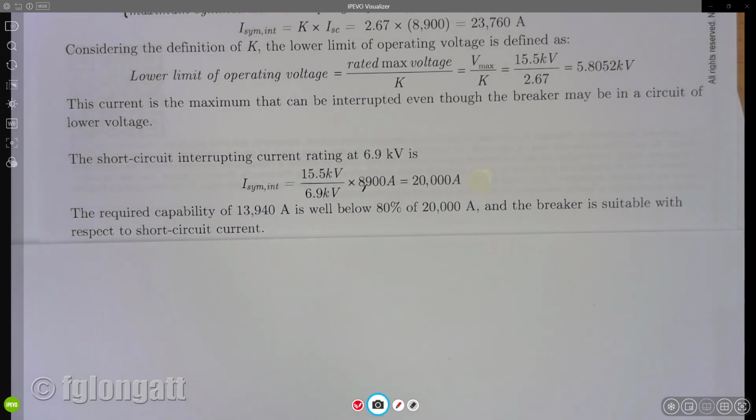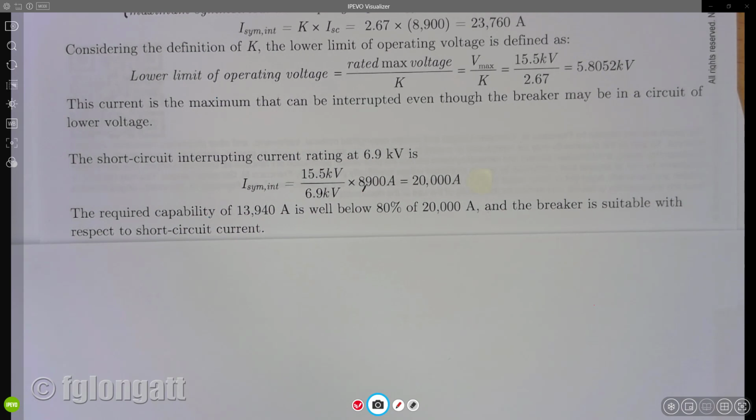Again, this is probably one of the most complete problems in terms of symmetrical fault analysis. In this problem, I introduced the use of the Thevenin method for calculating the three-phase short circuit currents. Then we examined the use of some factors and coefficients for the motor reactance in order to get the interrupting current.